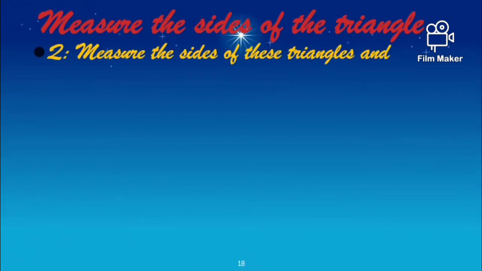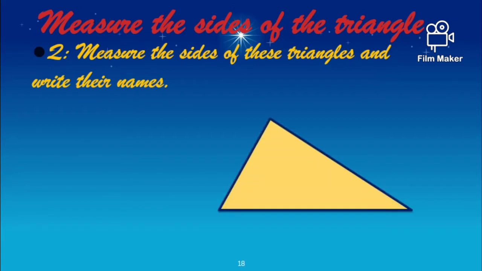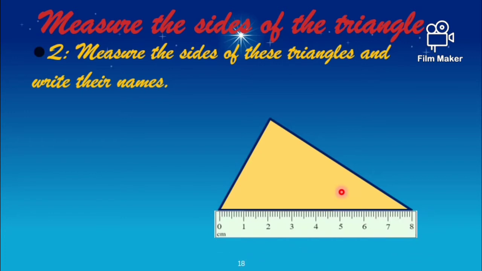Now we have to measure the sides of the given triangle. We will use the ruler to measure the sides of the triangle. With the help of the ruler, we will measure all three sides of the triangle. Then we will write the name of this triangle. The first side of this triangle is 8 centimeters.